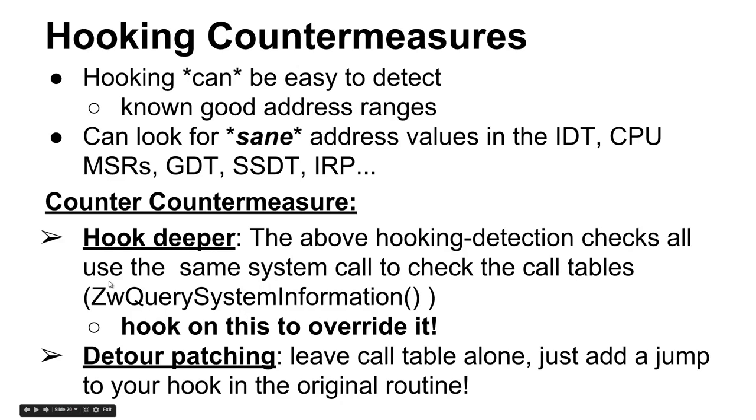If you hook that, then you can lie to every application, tool, and antivirus check doing hooking checks. Alternatively, detour patching means leave the call table alone, and you patch the destination in the call table where there would be binary code, and just add a jump in there for the first instruction. Jump to your malicious code, and then either jump back or return back to the calling function.